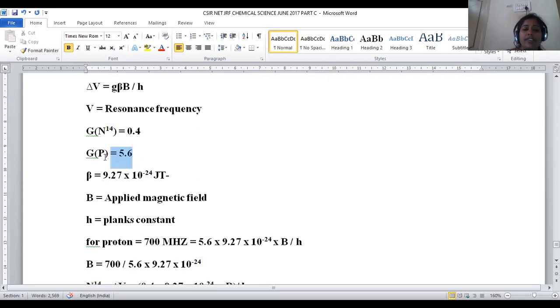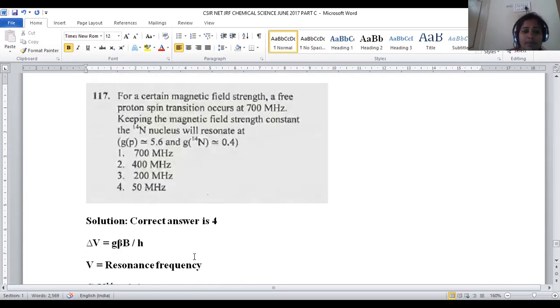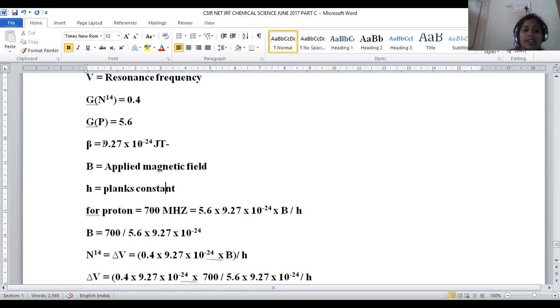Then the beta value is a constant, that is 9.27 into 10 to the power minus 24 joule per tesla.